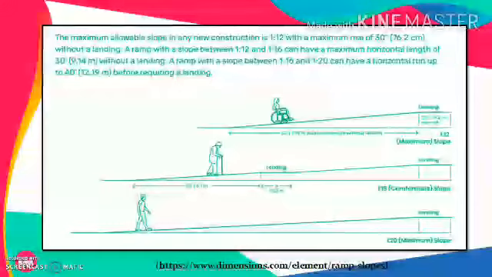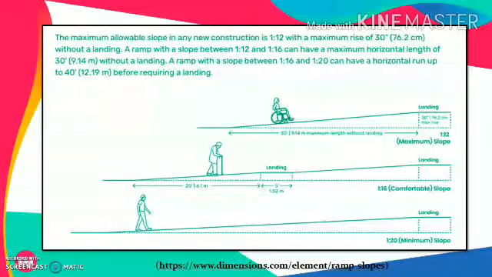This figure helps us understand the basics of the slope in more detail. In the first figure, this is a ramp that a wheelchair user, or a physically challenged person, or a person who might have suffered an accident is trying to use.